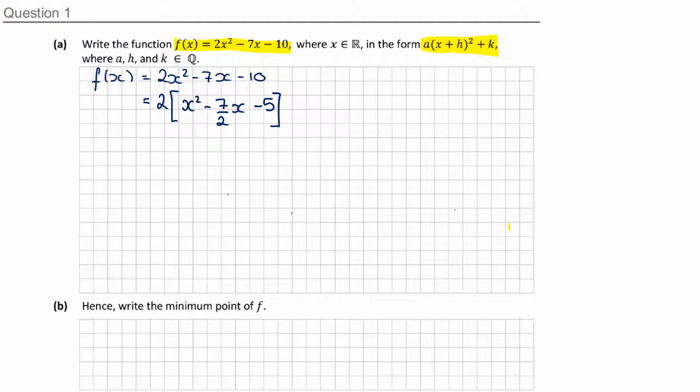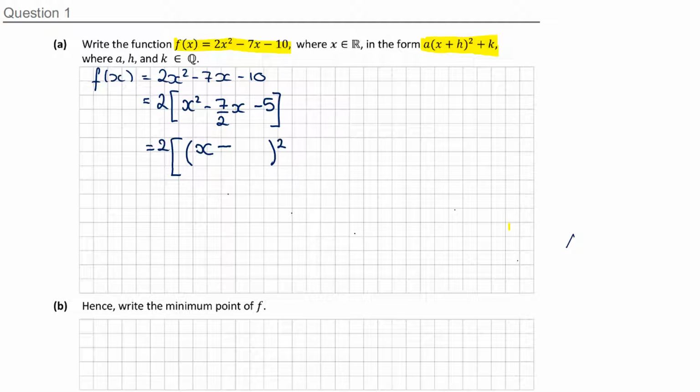So now let's look at what's in the square bracket, and we're going to complete the square in there. So if I open my bracket, I take the square root of the first term, which is just x. I then look at my middle term, which is minus 7 over 2 x, and that will always guide my sign. So this is definitely going to have a negative sign, and it's going to be some number squared.